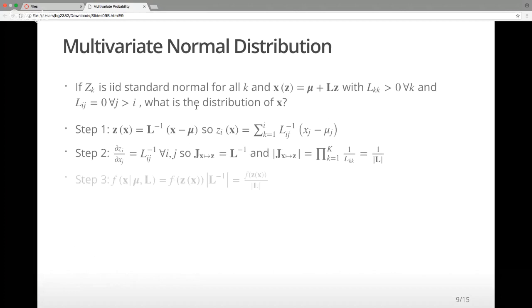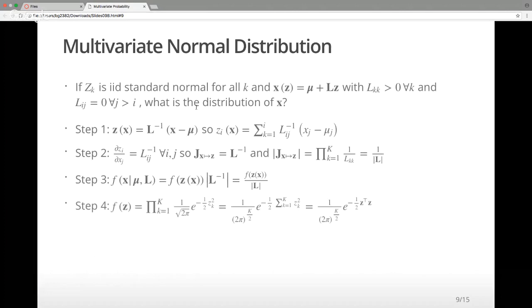So that's step 2. Step 3 is to write the PDF in terms of X. So we take our PDF for Z, write it as a function of X, and multiply by the determinant of the Jacobian. We get an expression like that here. In this case, Z has a standard normal distribution, and they're independent of each other.